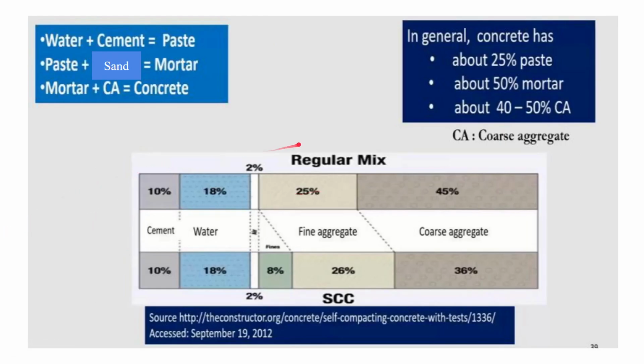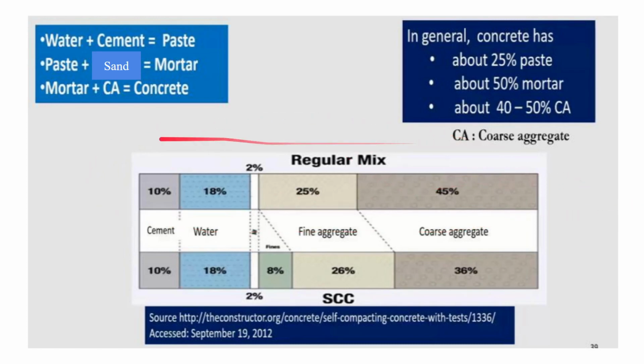Based on that, we can see that general concrete mainly contains about 25% paste in terms of volume as well as weight, near about 50% mortar, and 40 to 50% coarse aggregate. If you see, this is the bifurcation of percentages in a regular mix.